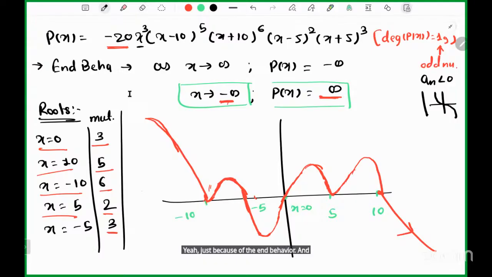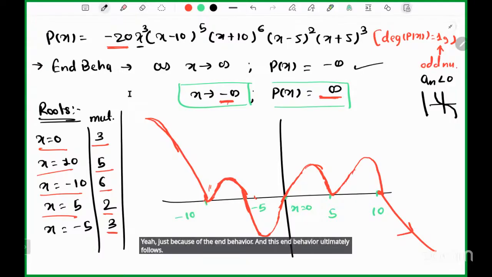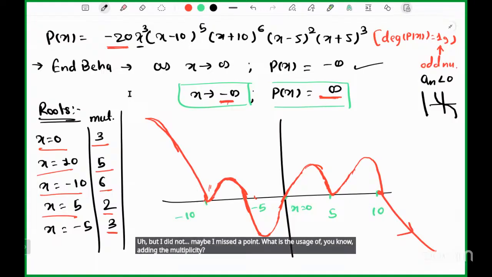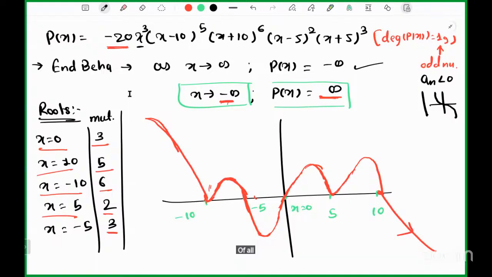Ma'am, I have a question. Yeah. Ma'am, you discussed adding all the multiplicities. Maybe I missed a point. What is the usage of adding the multiplicity of all the roots? So far it doesn't give us any information.